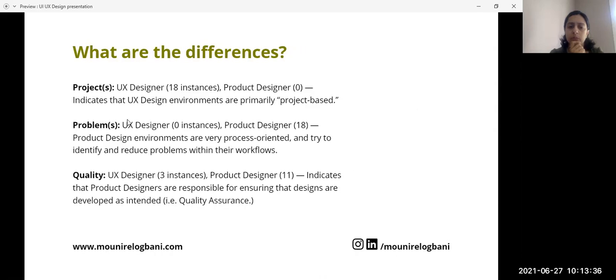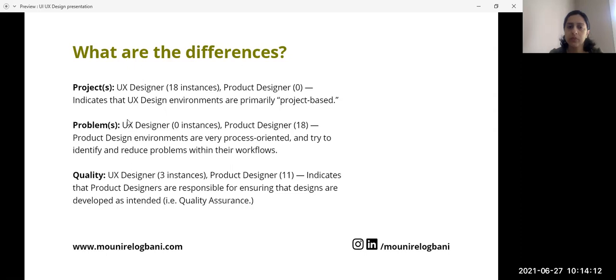So what about the differences? In the project, the UX designer focuses more on the UX design environment, as I said, the design thinking process.